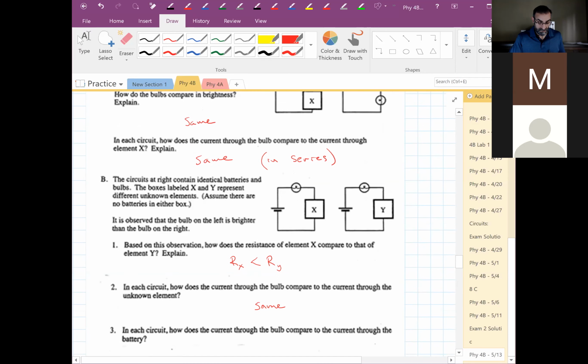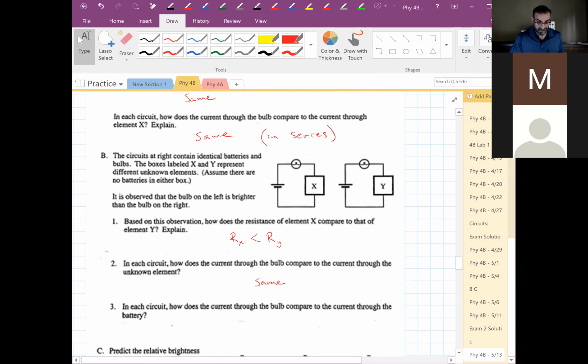And in each circuit, how does the current through the bulb compare to the current through the battery? Current through the bulb compared to the current through the battery.